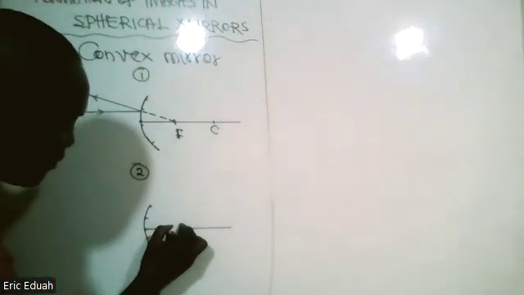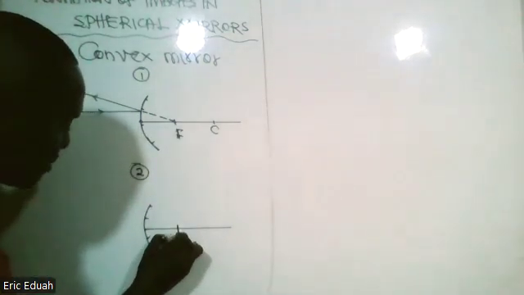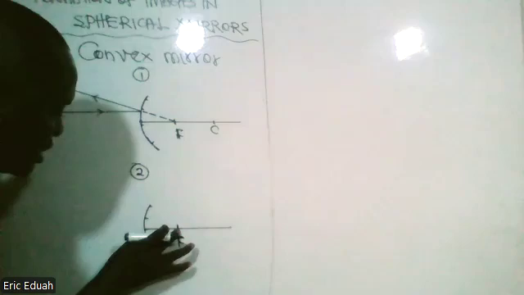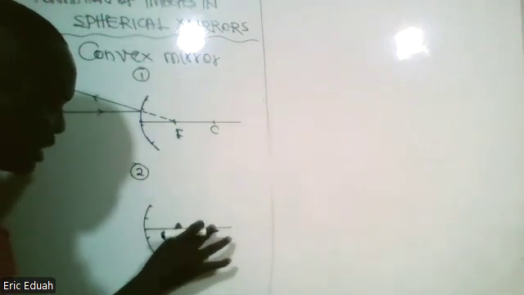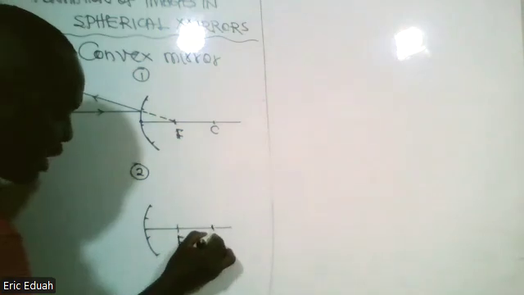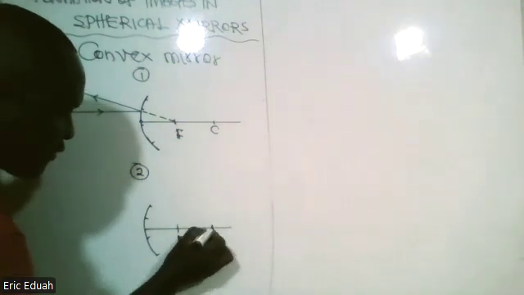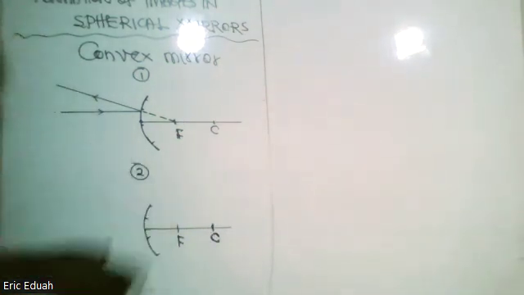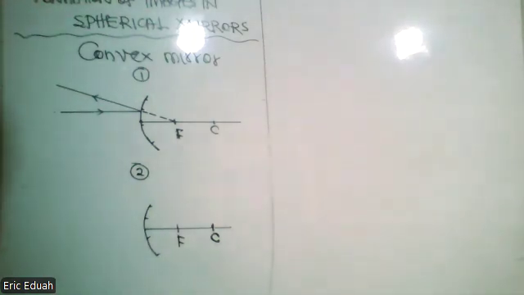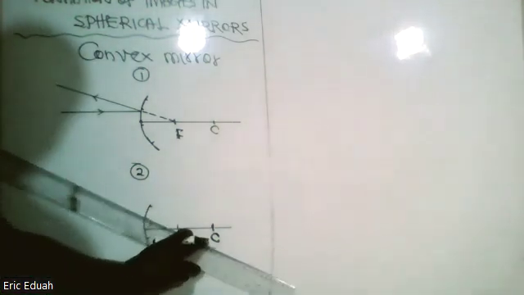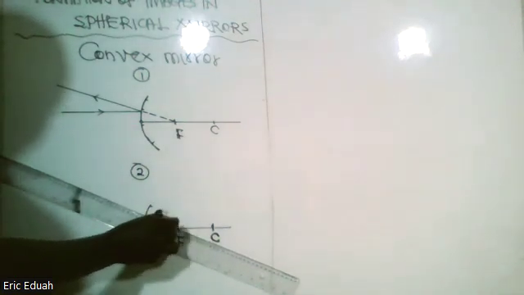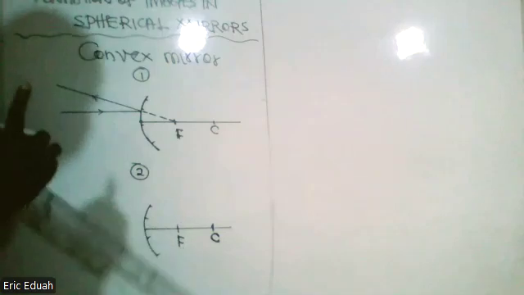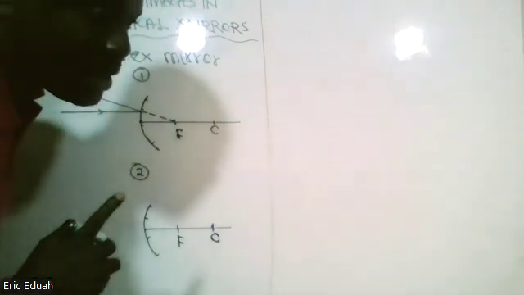Your F, your C measurement, always very important. You must measure this with a ruler. I am estimating because of time. We'll be applying it, and so you see how. So under this rule, if a ray appears to be passing through F, listen to the context.